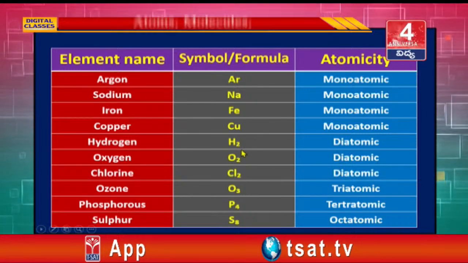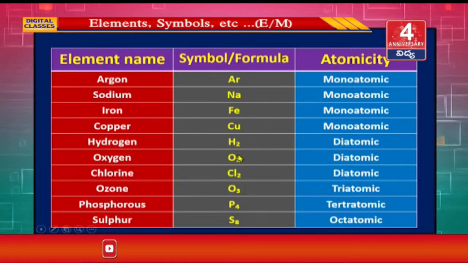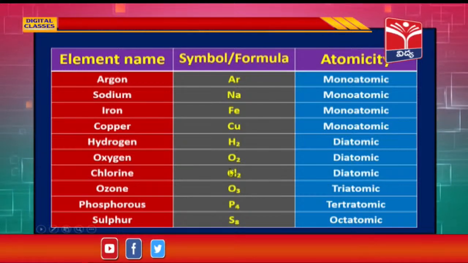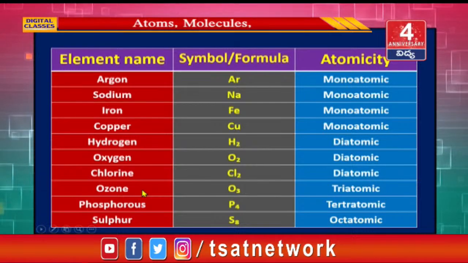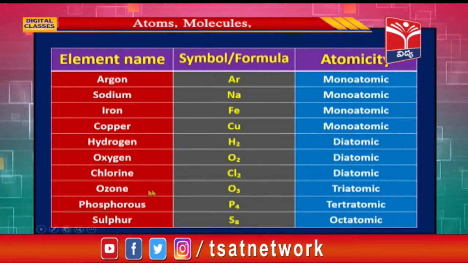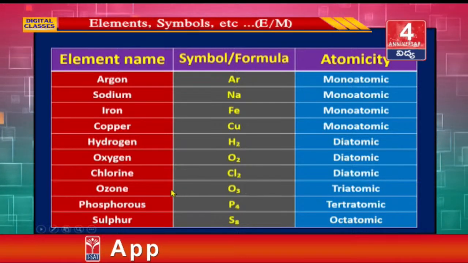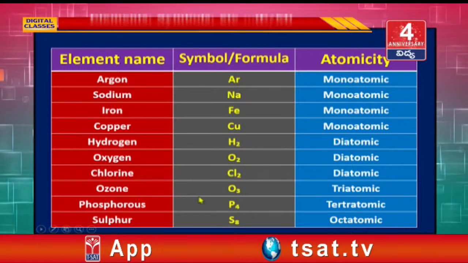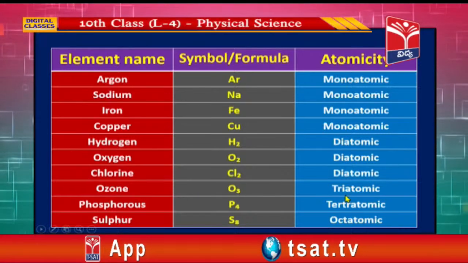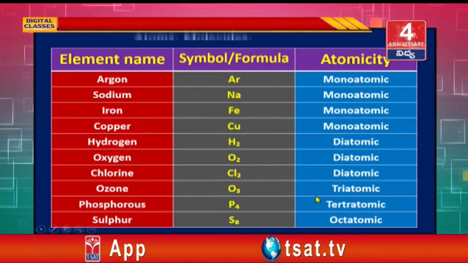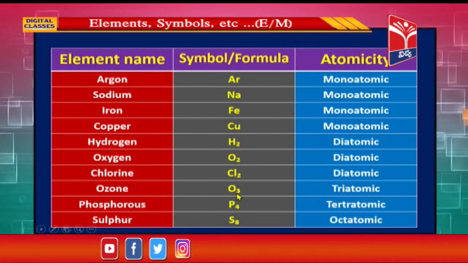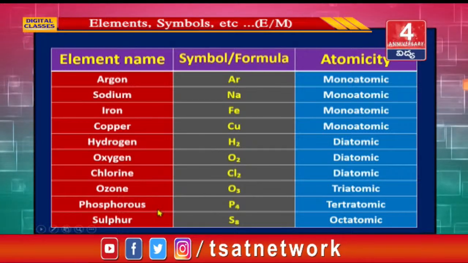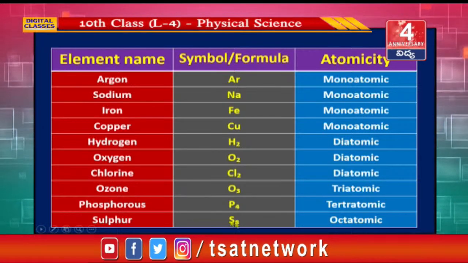Diatomic means, children, they exist in the form of two atoms, H2, O2 and Cl2. And then we have ozone. We are familiar with ozone layer, children, that is protecting our atmosphere from the ultraviolet rays. Yes. So, the formula of ozone is O3, which is triatomic, which means atomicity of ozone is 3. Similarly, the atomicity of phosphorus is 4 and sulfur is 8.